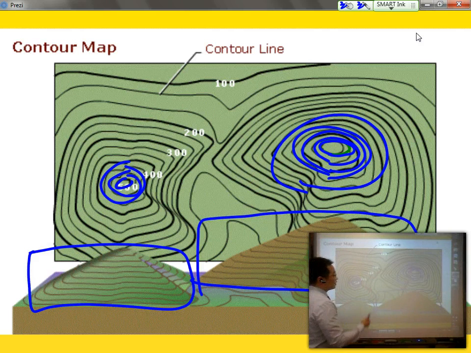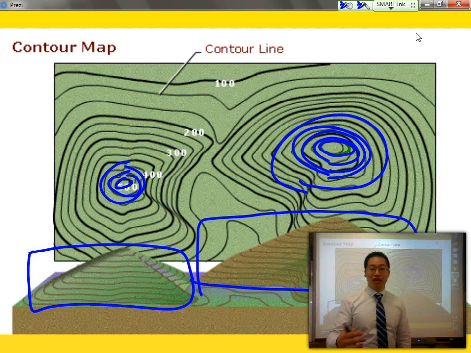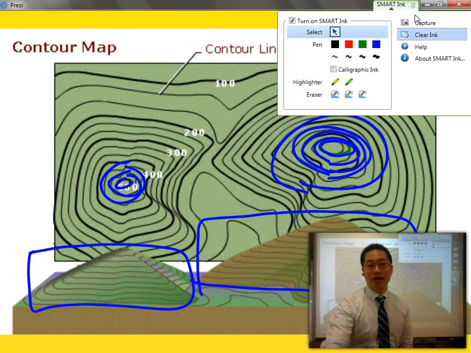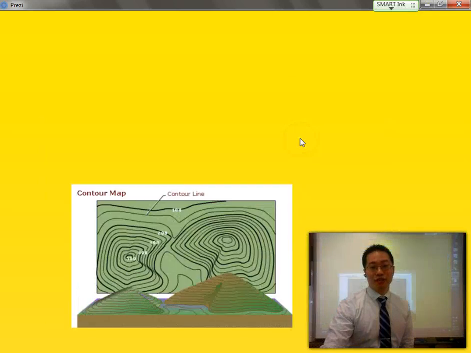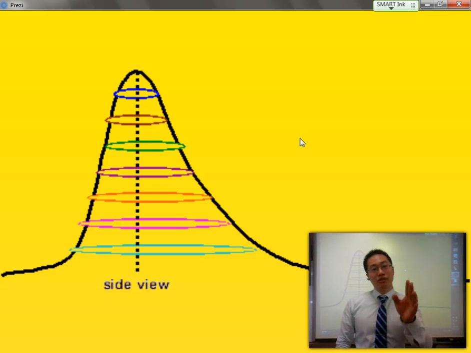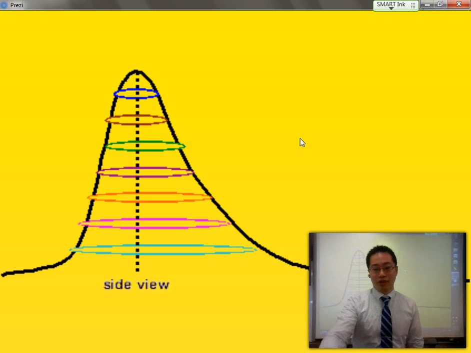Each elevation change, each line represents just another step in elevation change. And that's really what an equipotential line is as well. Whenever you draw the contour lines on a map, it's going to be similar. So, this is just a side view of what a topographic map would look like, but it applies to how the charges are seen as well.